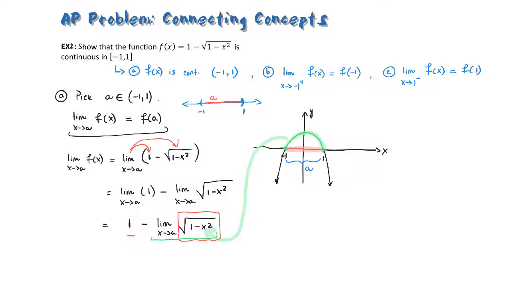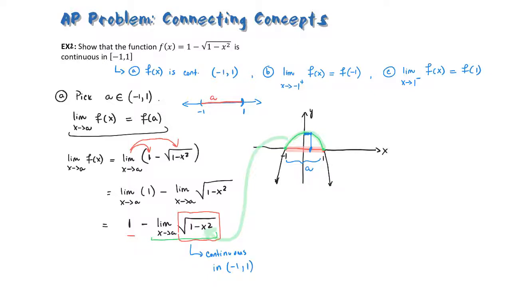So we're not going to have any issues. In other words, if I pick an a to be this value right here, the parabola is going to give me this as a y value, but that's a positive y value. So the square root of that number is going to be defined. So that is telling me that this function over here is continuous in the interval (-1, 1).